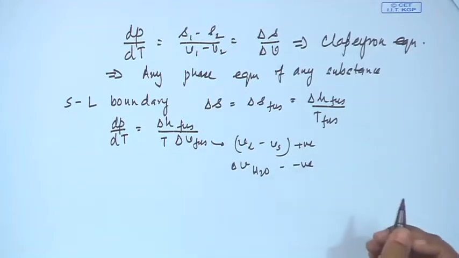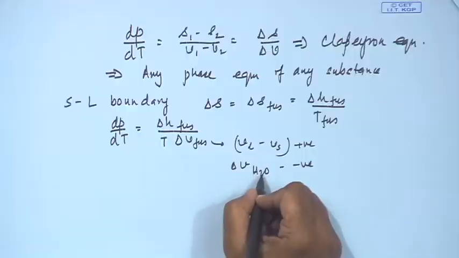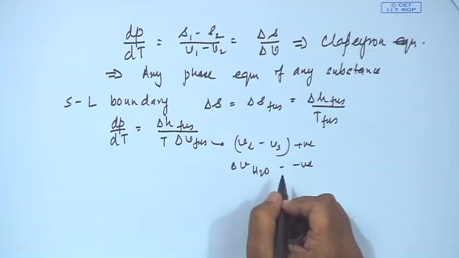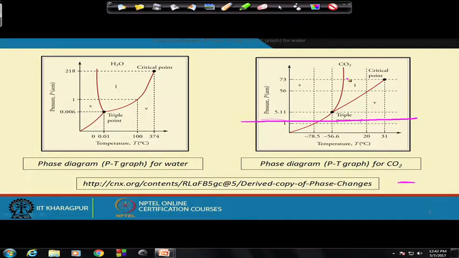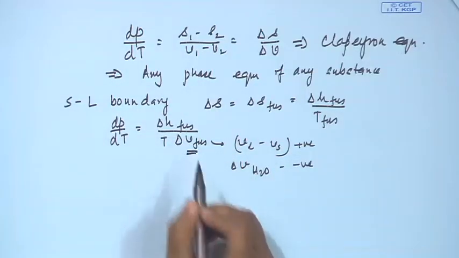Why? Because yesterday also we discussed, and you already know that water contracts on liquefaction. So, therefore, if you observe the curve for water, you find that there is a slight negative slope, and that arises because of the negative value of delta V fusion.